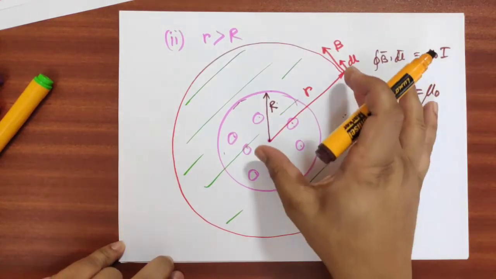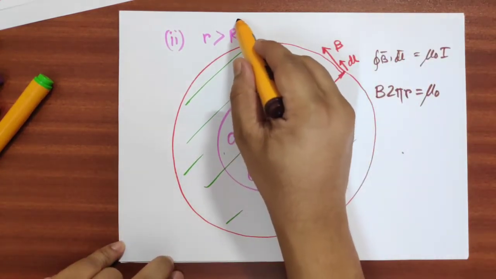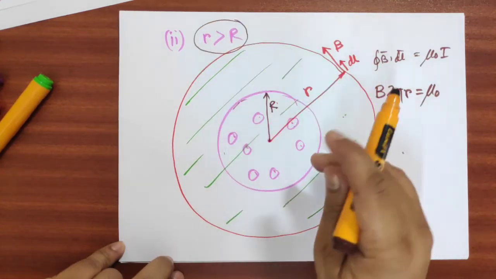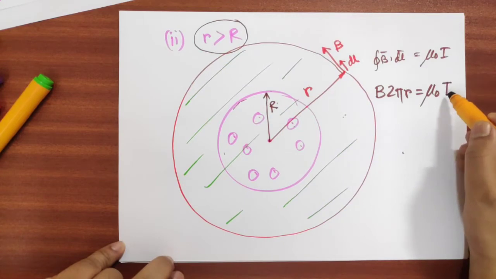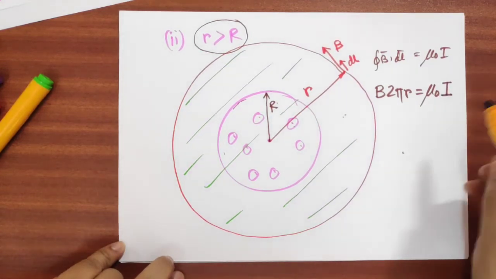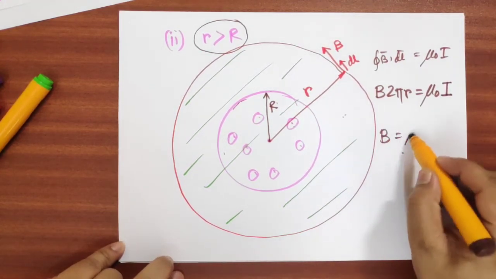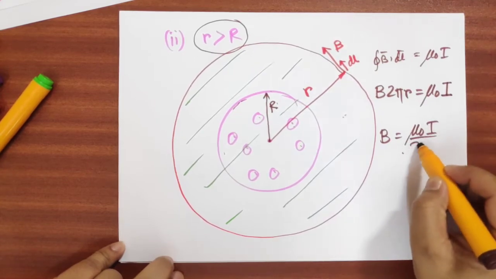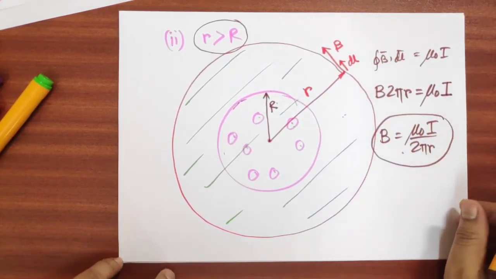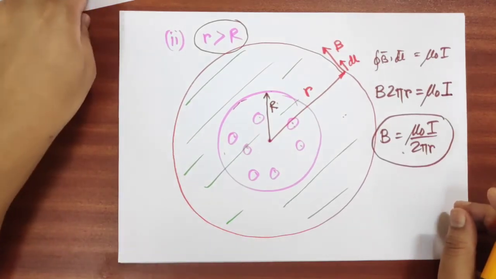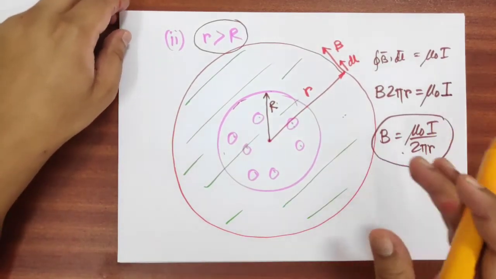For all such radii you have to count the whole current, that is capital I. So B equals mu naught I by 2 pi r. For an outside point, it's like the field near a long wire.